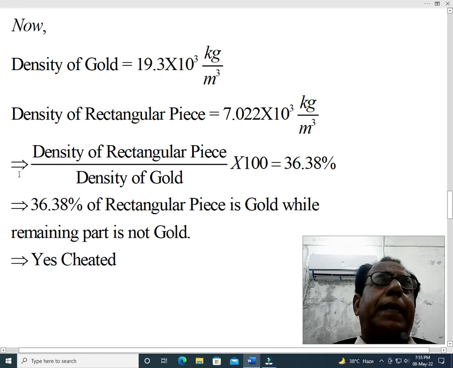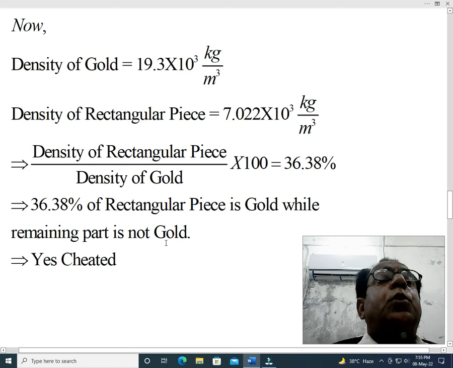This implies that density of rectangular piece divided by density of gold multiplied by 100 becomes equal to 36.38%. This implies that 36.38% of rectangular piece is gold, while remaining part is not gold.